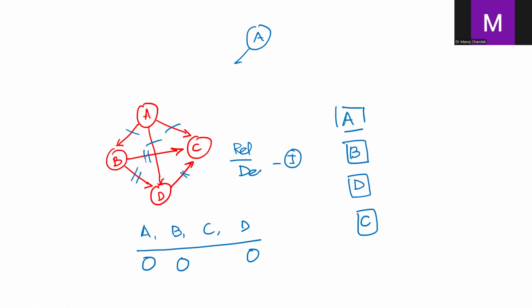Look at this idea, what will happen here. Suppose I have same graph A, B, then D, then C, okay? And also this is connected here, and this is also connected here, okay?